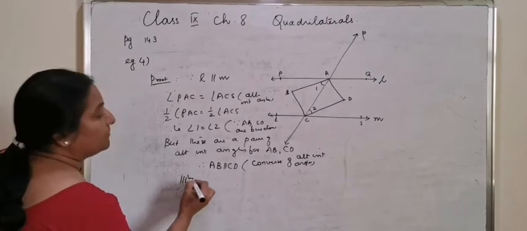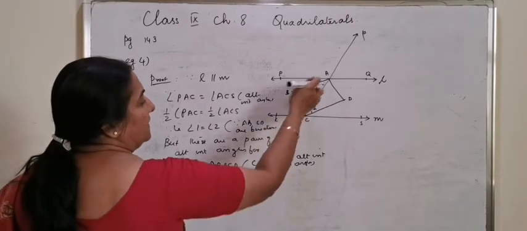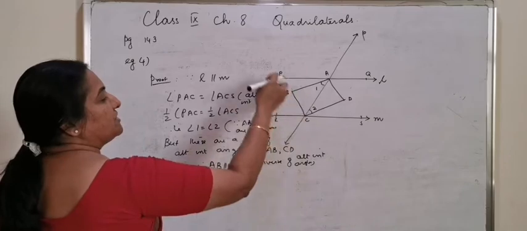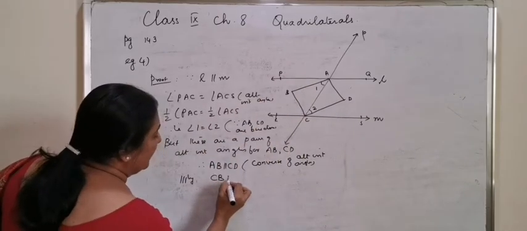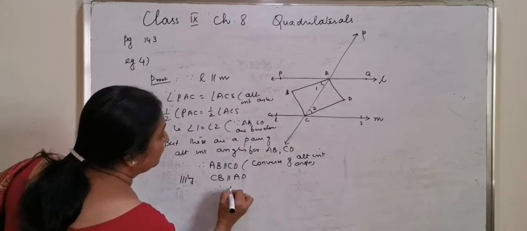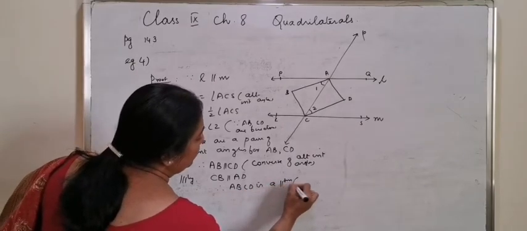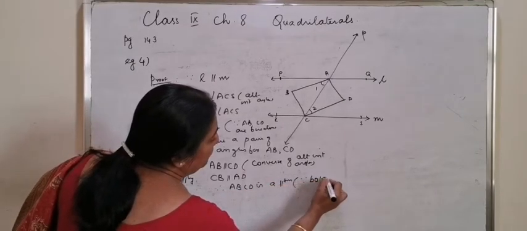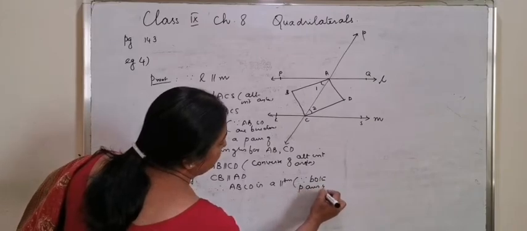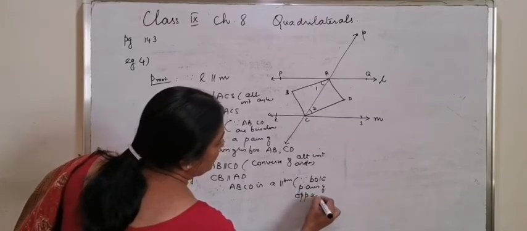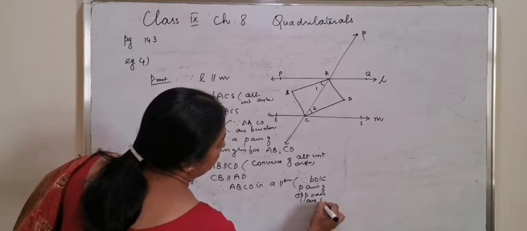Similarly, we can prove the other pair, CD parallel to AD. Therefore, ABCD is a parallelogram since both pairs of opposite sides are parallel.